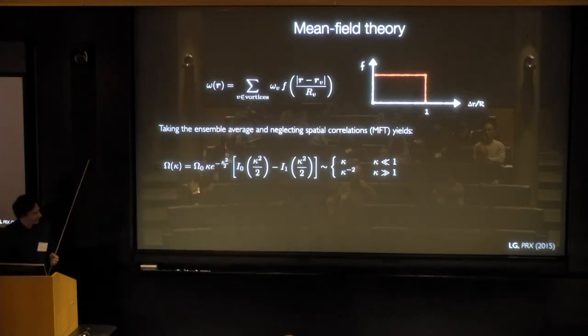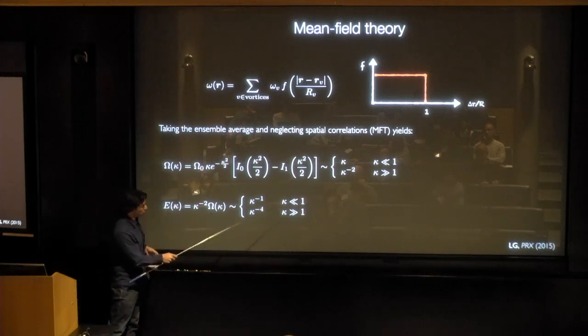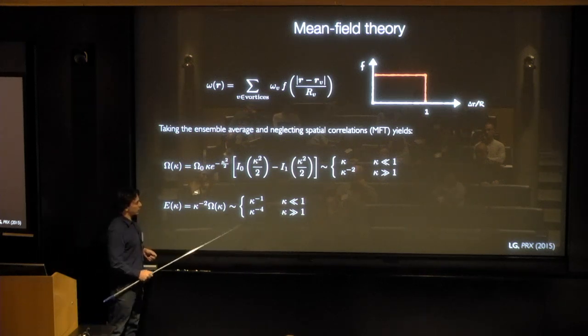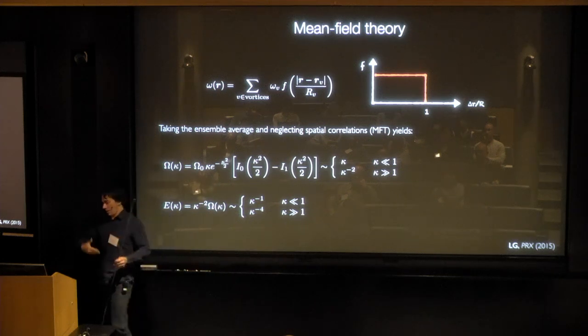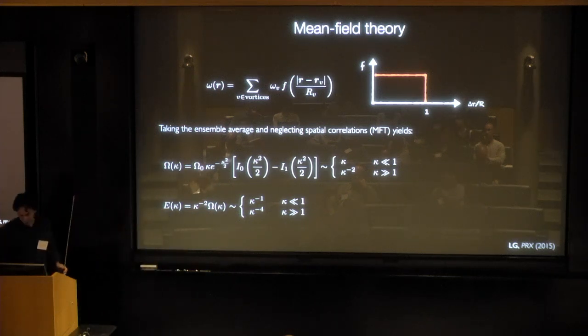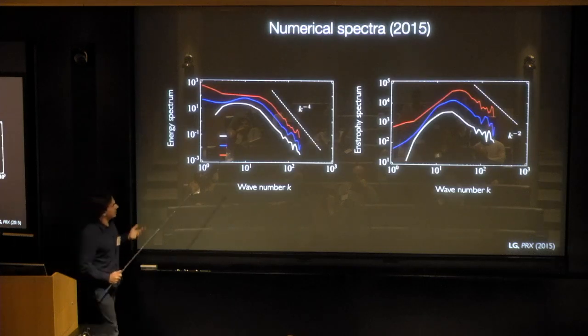As a consequence of that, the energy spectrum scales like k to the minus 1 for small k values and k to the minus 4 for large k values. So here are the 4 exponents. How do they compare with the numerical simulations? And again, I need to somehow confess my embarrassment, because in 2015 that was the best that I was able to do.